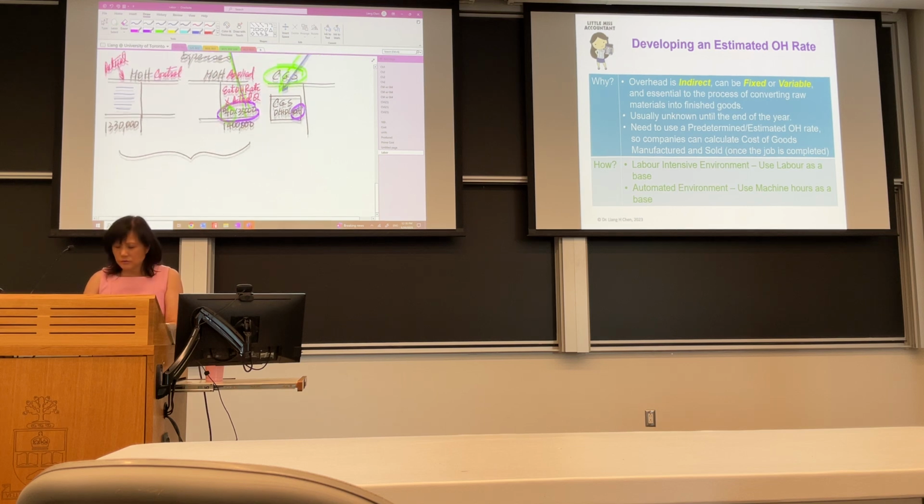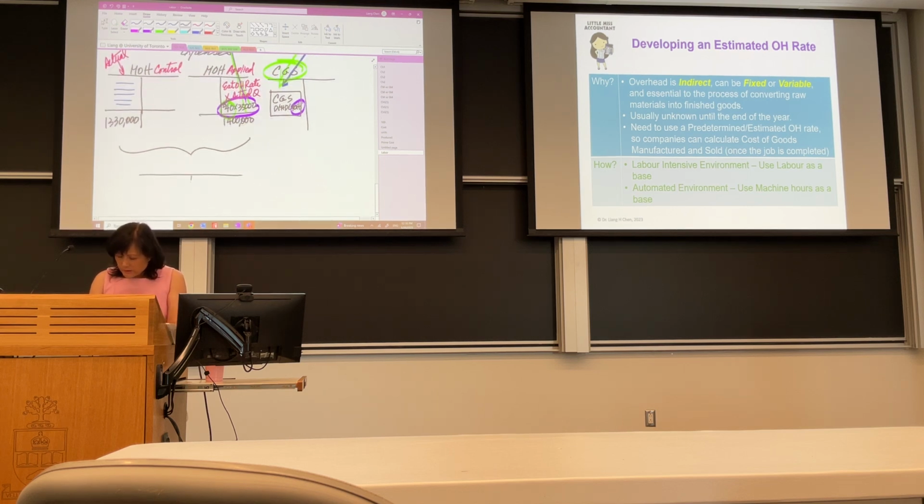Some companies combine the two accounts together. So they just call it the manufacturing overhead account, one account. On the debit side is the actual, how much we spent. On the credit side is the overhead applied based on the estimated overhead rate.